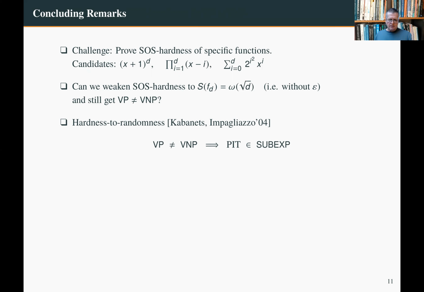We know that VP different from VNP implies a derandomization for polynomial identity testing. Then you can do polynomial identity testing in sub-exponential time. So this would also be a consequence of the existence of sum of square hard functions.